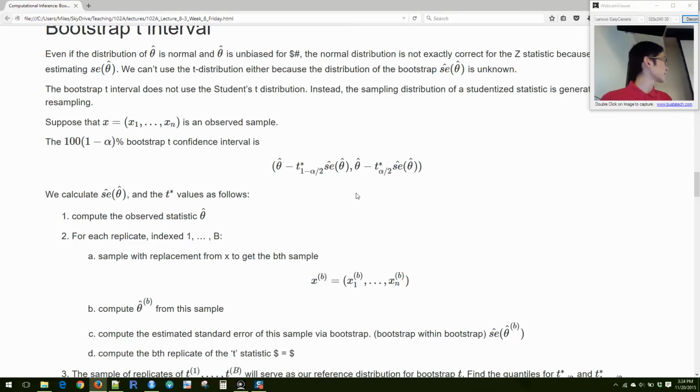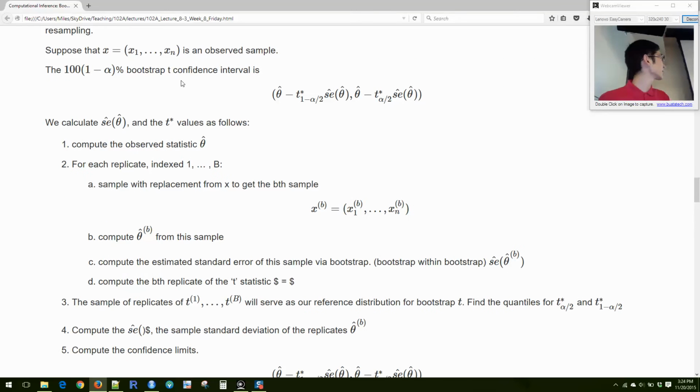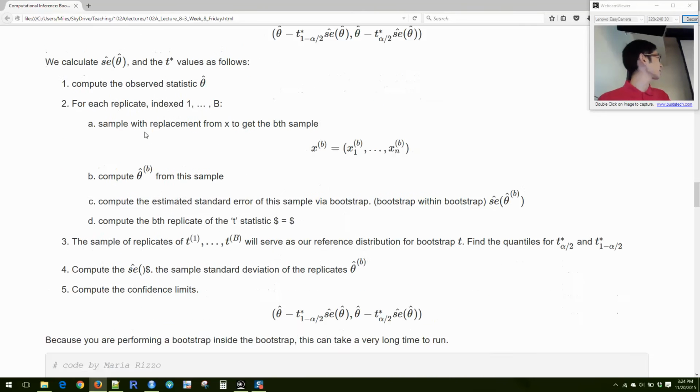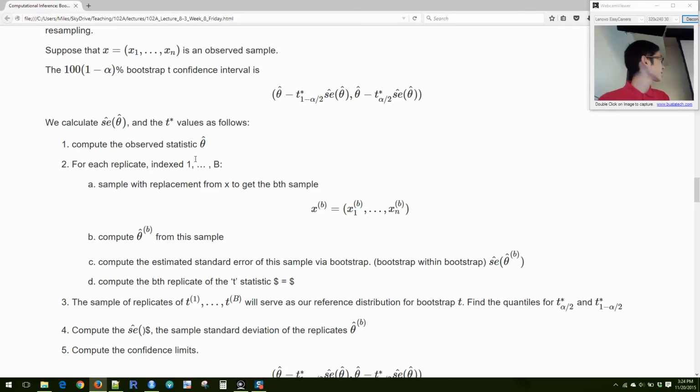So if you're going to do a bunch of replicates, you start off by calculating the sample statistic based on your entire sample. That's your theta hat. Then for each bootstrap replicate, you start off by doing a bootstrap sample with replacement, which is normal, and then you calculate the theta hat from that bootstrap sample.